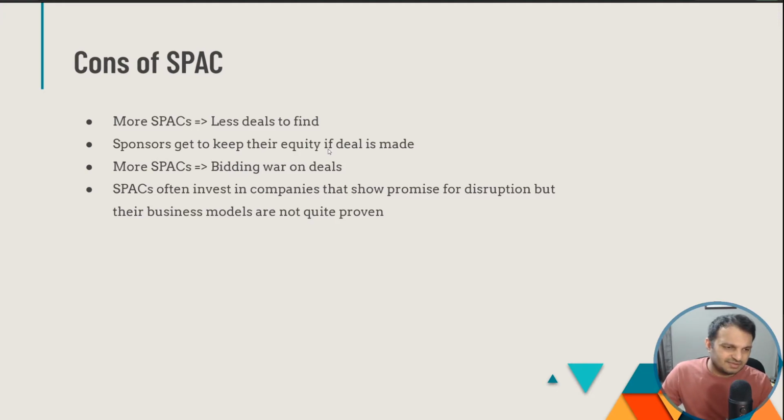And then sometimes sponsors might have an incentive to just make the deal happen, even if it's not a good deal, because they do have a lot of financial incentive. And then, a lot of SPACs are investing in companies that are very high tech or really high up there in terms of concept and business model, which might not be proven or might look really good for the time being.